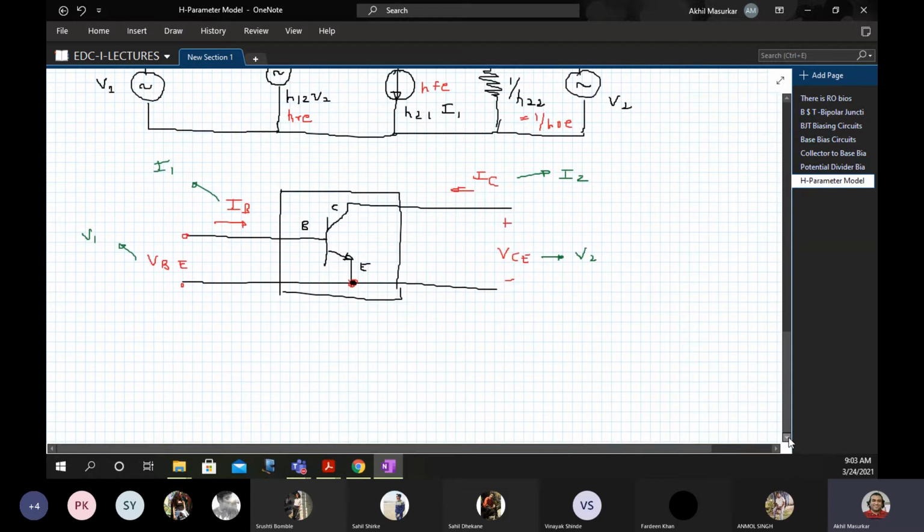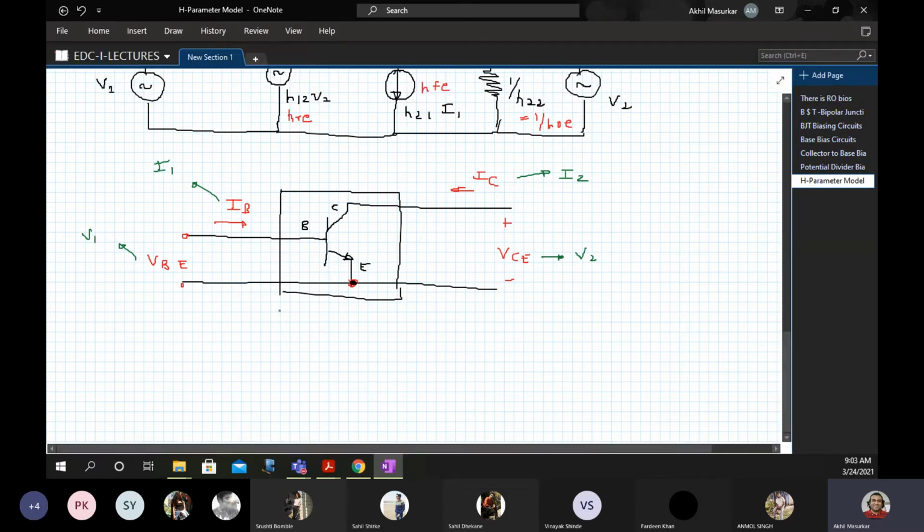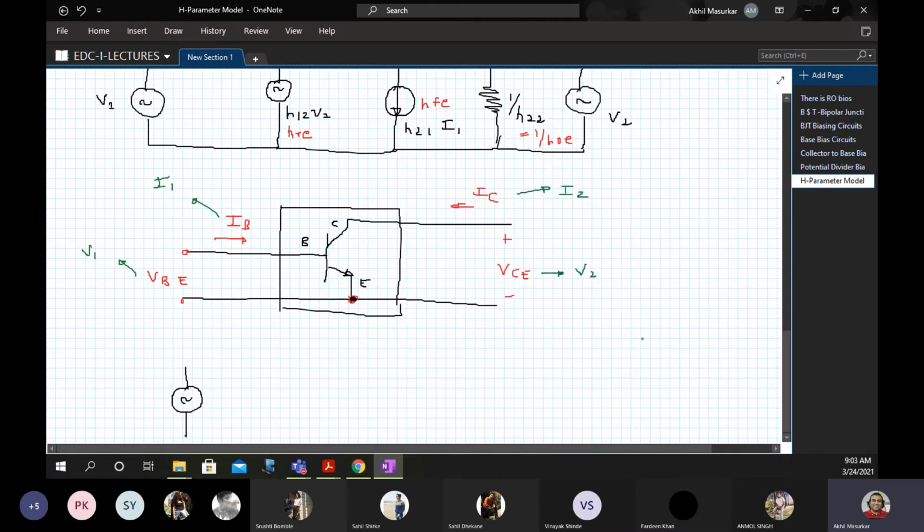So this circuit at the top, I will now write it this way. Mostly the reverse voltage gain in a BJT is negligible and hence we can consider HRE as 0, and that is why what we get here is something like this.